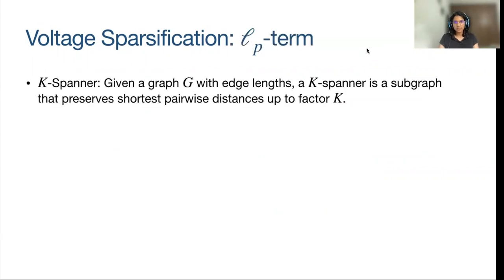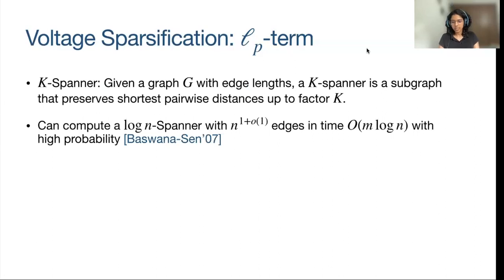So a K-spanner. If you're given a graph G, a K-spanner of this graph is some subgraph H, such that if you consider any two vertices in this subgraph, the shortest distance between these two vertices in H should be at most K times the shortest distance between the same vertices in G. So basically the shortest pairwise distances are preserved up to a factor of K. So in 2007, Baswana and Sen gave an algorithm that implies that you can compute a log n spanner, which has very few edges, and you can compute it in almost linear time.